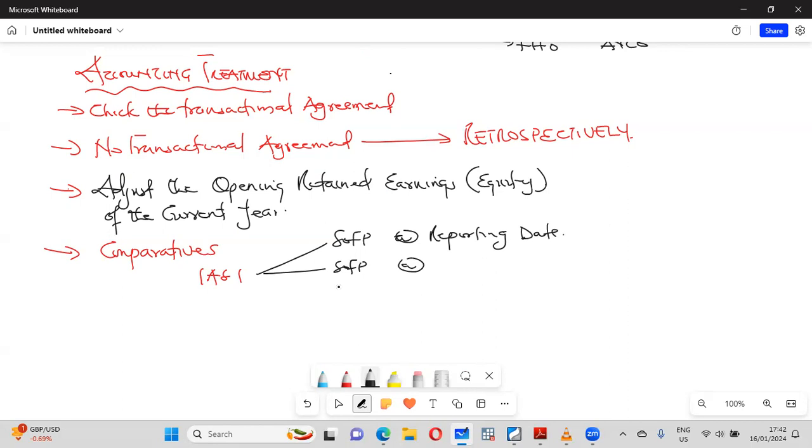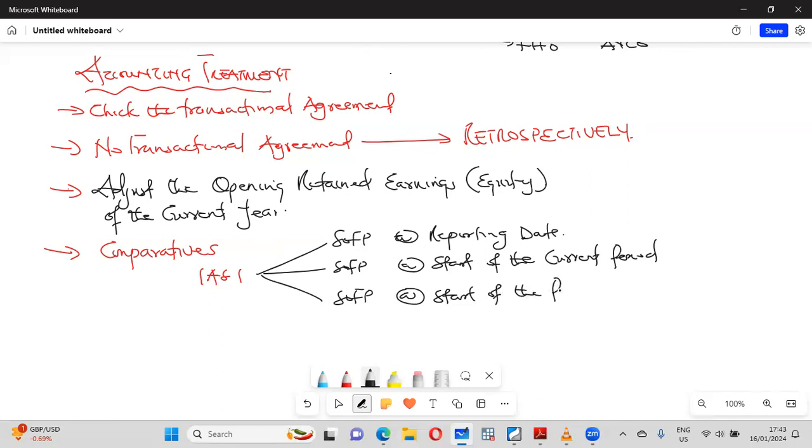So the end of the current period, the start of the current period. Then another SOFP at the start of the previous period. So that is what IAS 8 accounting policy talks about.